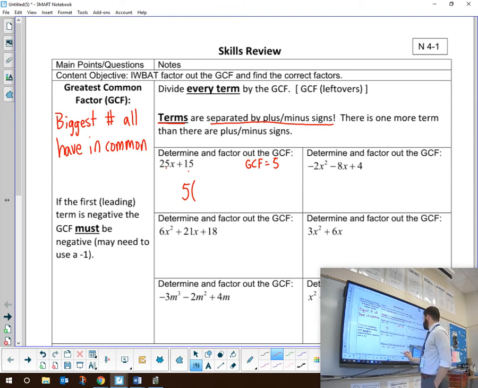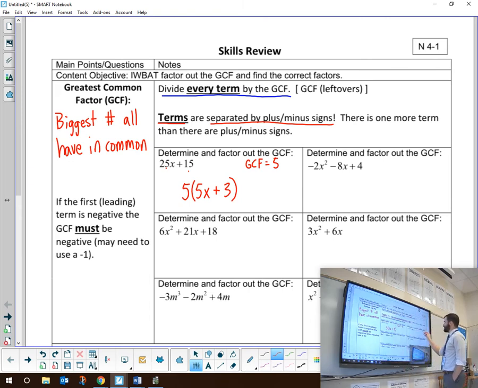The thing is, we need to divide every term by the GCF. So 25x divided by 5 is 5x, so on the inside here we're going to have 5x plus. I also need to divide this 15 by 5, and 15 divided by 5 is 3. So it's kind of like reverse distributing. Look, if I were to distribute this problem, 5 times 5x, 5 times 3, it would get me back to where I started, okay?